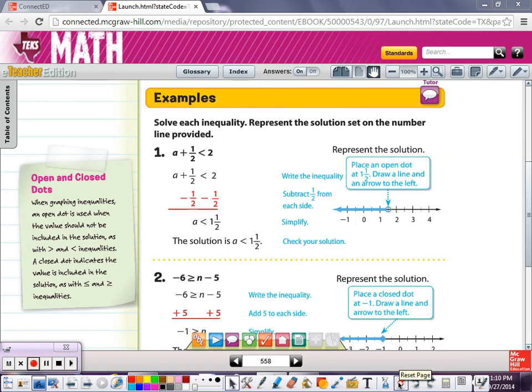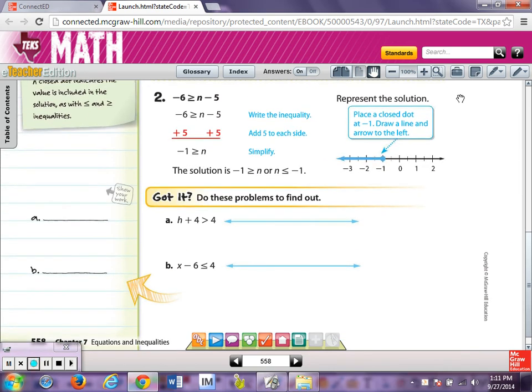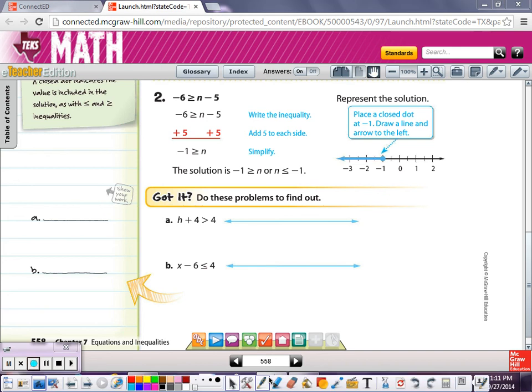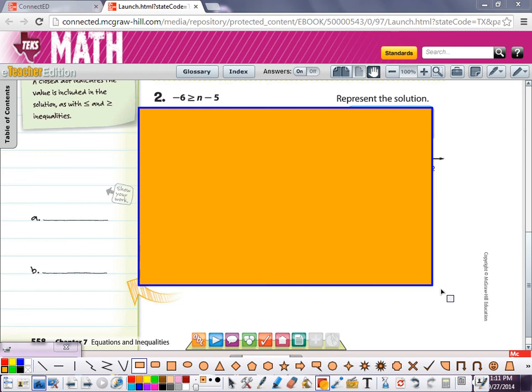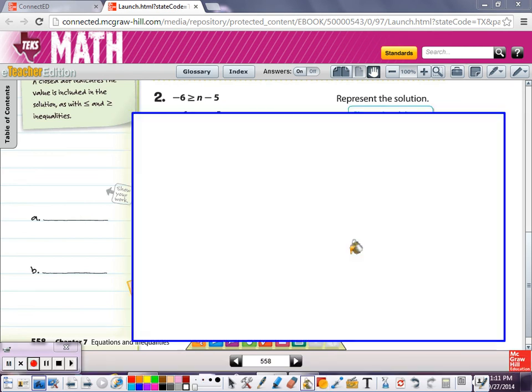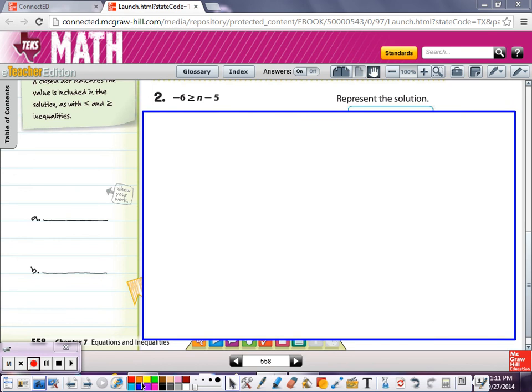Our next example we're going to deal with now is example 2. Now, just like before, just like everything else we've done, treat it like a regular equation for now. So on your paper, you'll begin by rewriting the equation. -6 is greater than or equal to n minus 5.